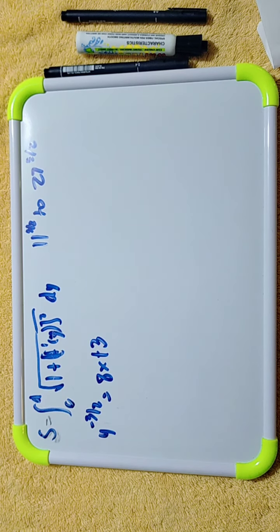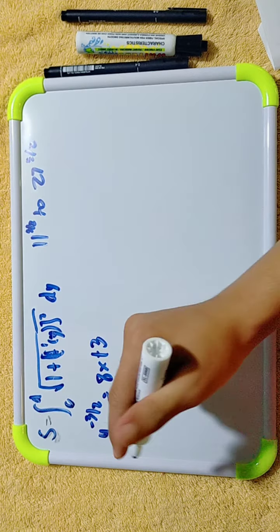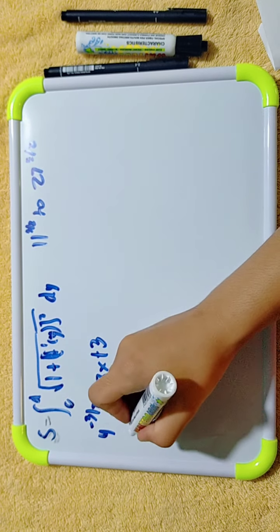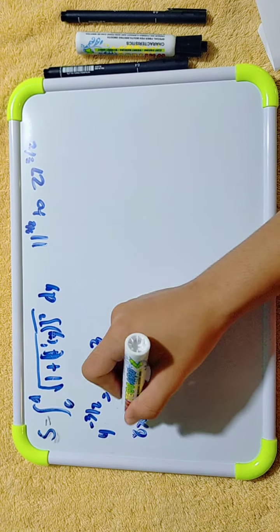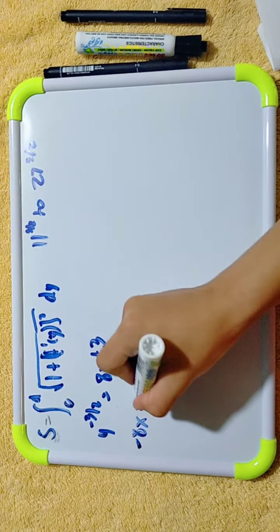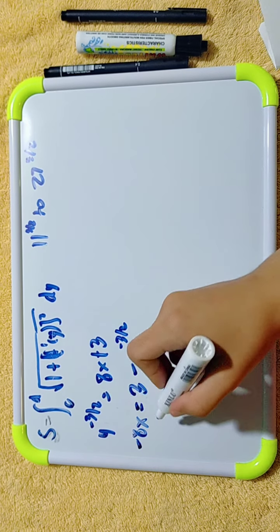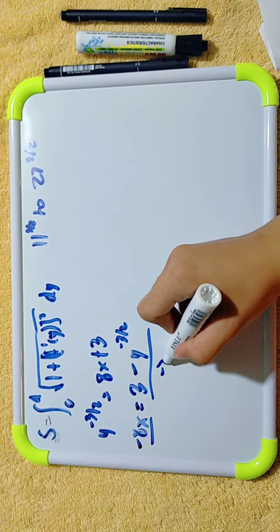Since we said it should be in terms of y, I moved x here, to get its value in terms of y. So, transposing, negative 8x is equal to 3 minus y raised to negative 3 halves. Then, divide both sides by negative 8.